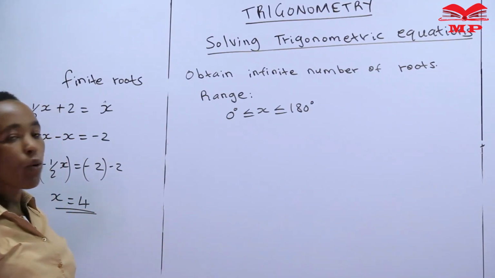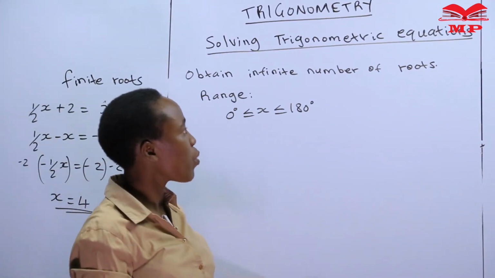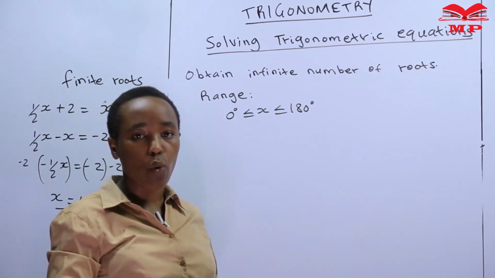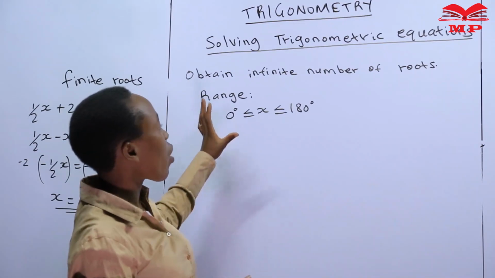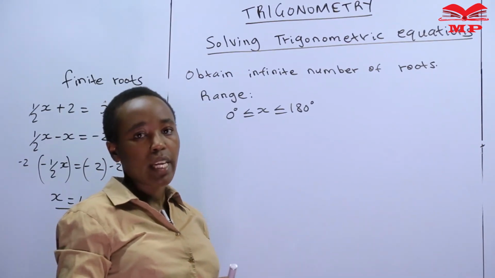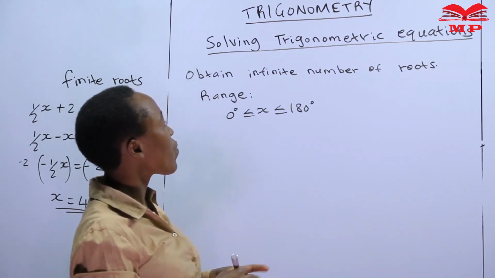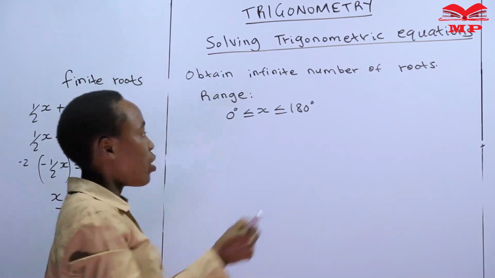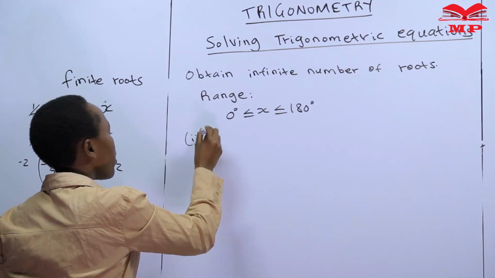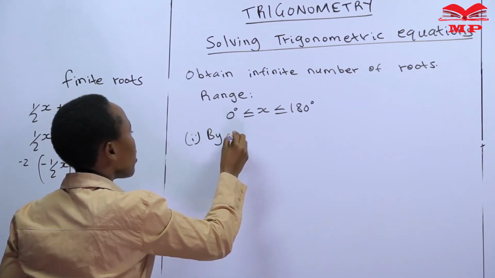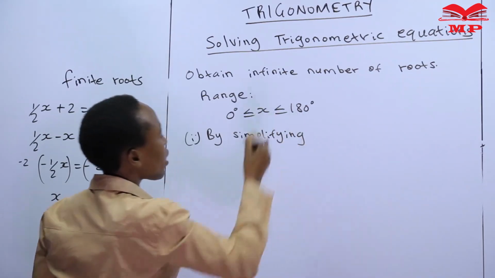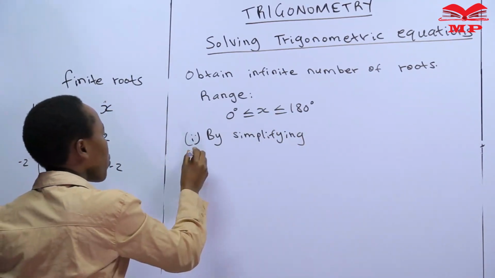So I want us to do various examples so that you can be in a position to solve trigonometric equations. And in this case, we are going to look at two methods. One method will be solving trigonometric equations by simplifying, or evaluating.